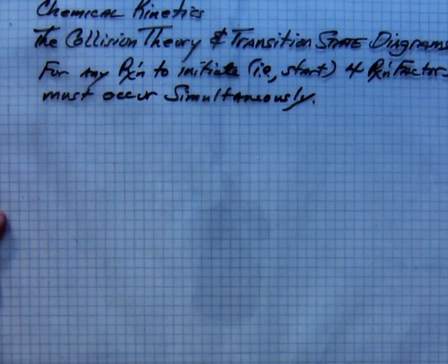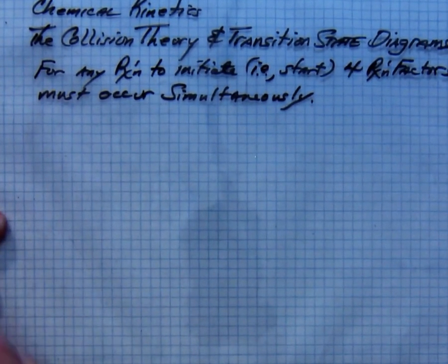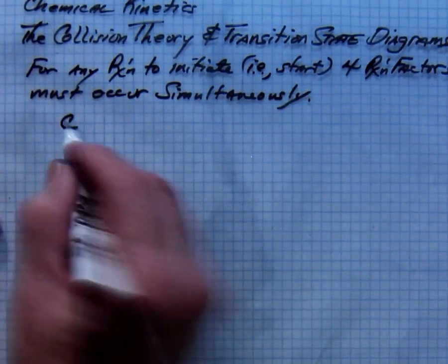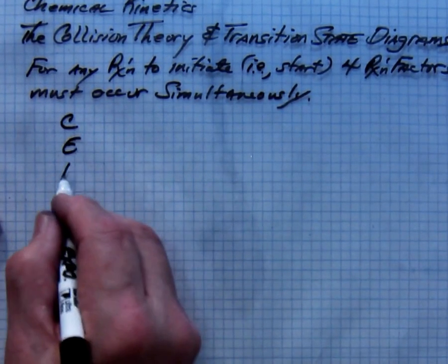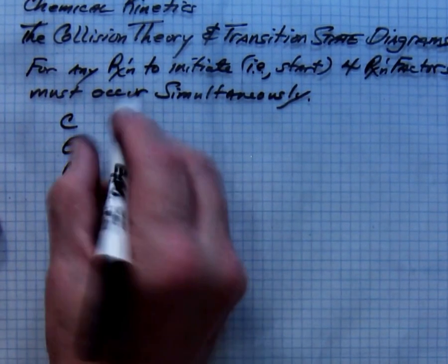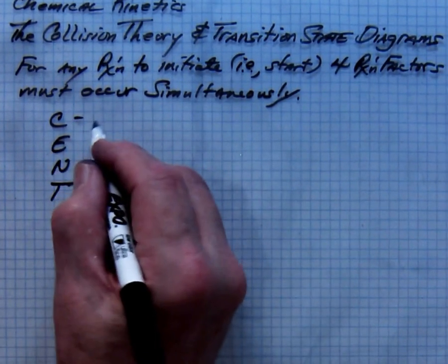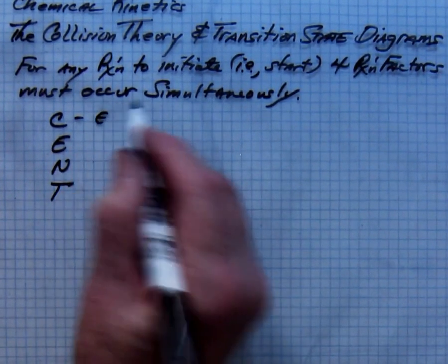These four reaction factors can be reduced to a simple acronym CENT, where C represents an effective kinetic concentration.